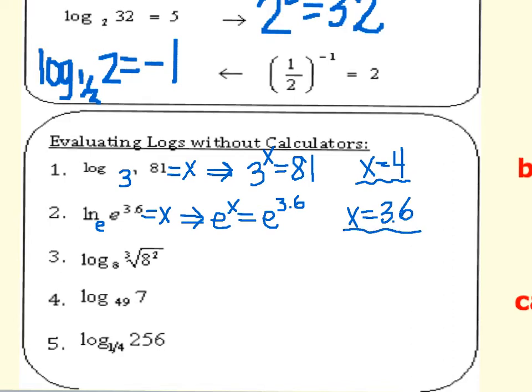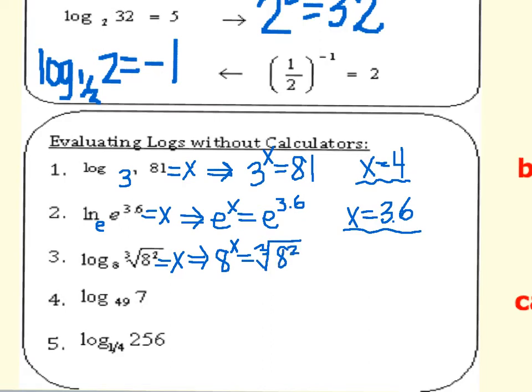And there's your answer. Okay, this next one, I'm going to set this equal to x. So I'm going to say 8 to the x power equals the cubed root of 8 squared.